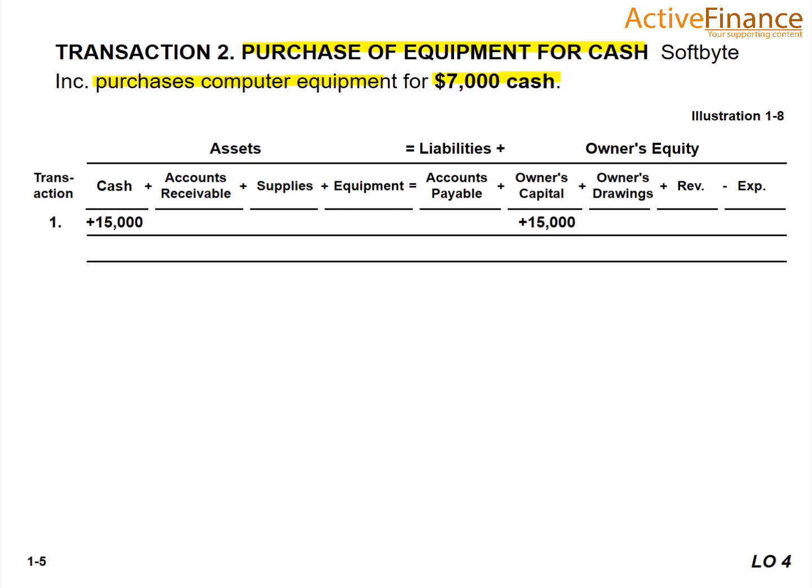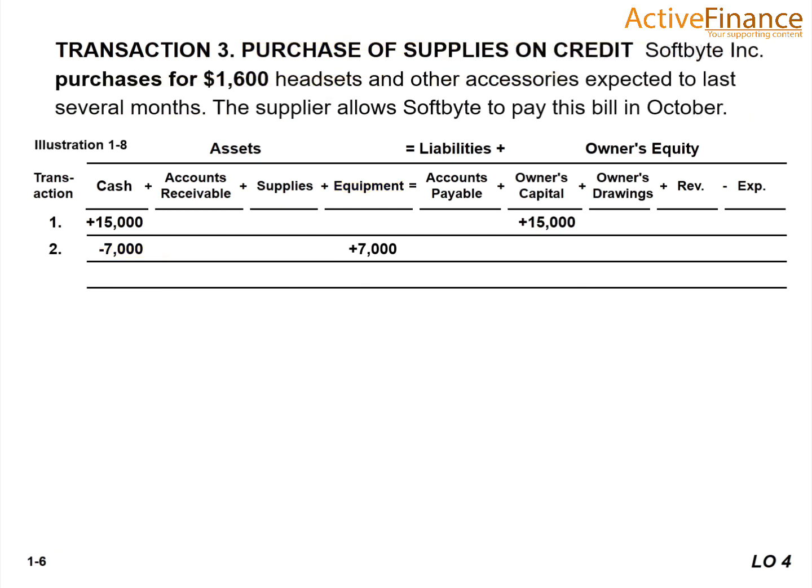Let's record this transaction in the accounting equation. We will subtract $7,000 from cash, and we will add the equipment's amount in the equipment account. We have done two transactions. Now let's proceed to the third.